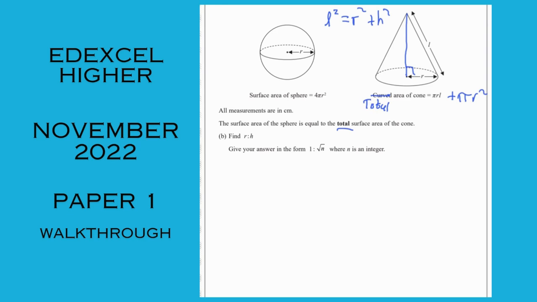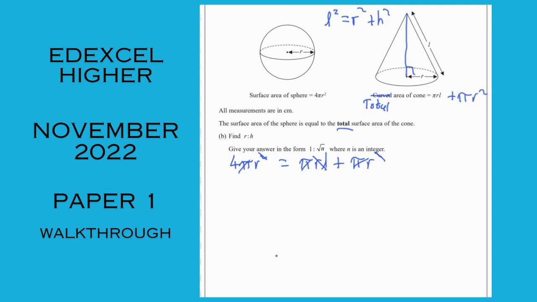We're told they're equal. Let's write that down. So 4 pi r squared is equal to curved surface area, but also the circular base. As you can probably guess from previous, get rid of that pi. It's in common with everything, and get rid of an r.